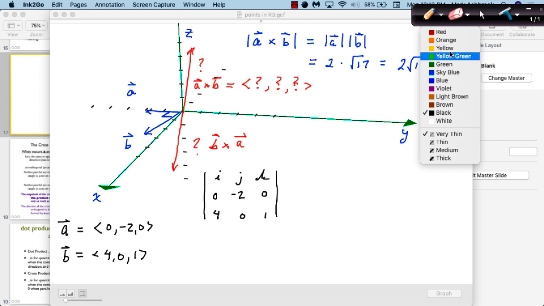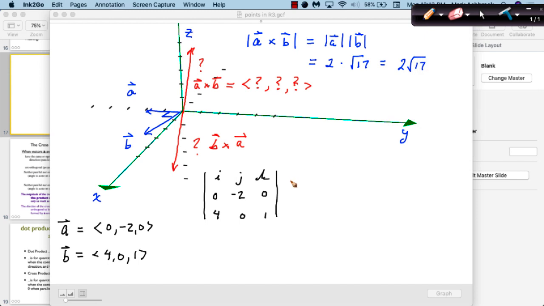What I'm going to do is take the first two columns and rewrite them again here. This is one technique for finding the determinant of a 3 by 3. You rewrite the first two columns, and then there are 3 diagonals down to the right.